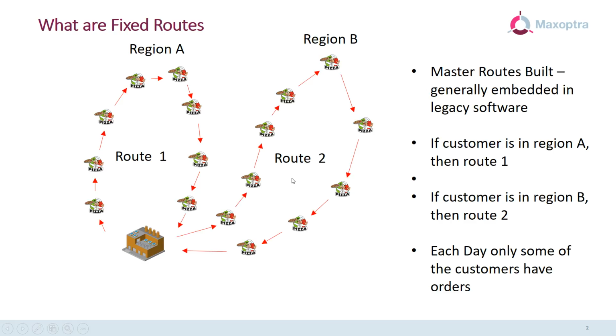Likewise, any customers that are in region B, which could be another city or another county, they are going to be in route 2. And essentially, there will be more customers within a region than will ever order on one day. That's the principle. And the customers are sequenced in the best sequence, assuming they all order on one day, which they never do.